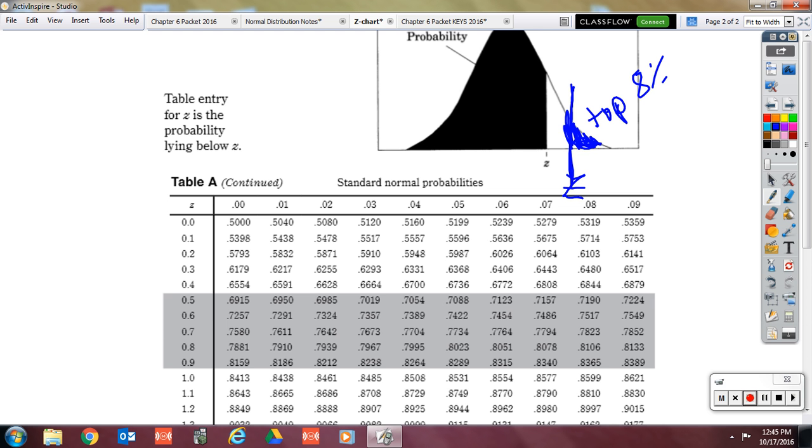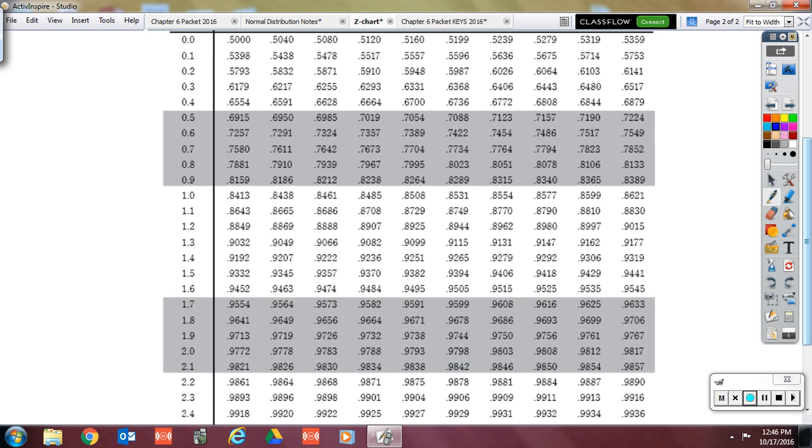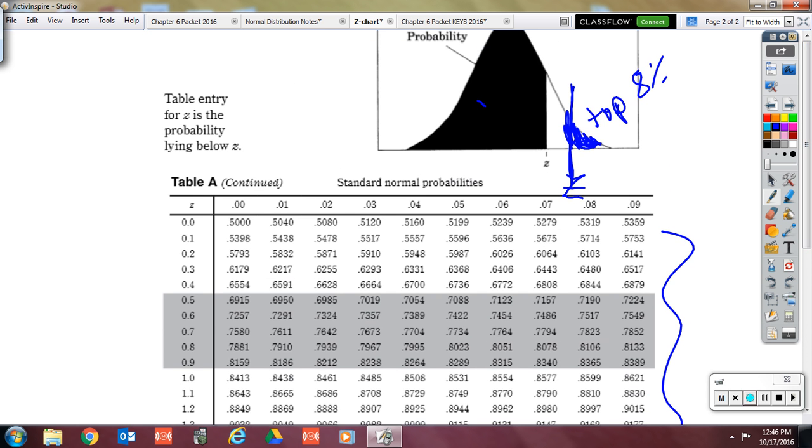Yes, this chart is not full of areas above. This chart is all full of areas below. So I need to find the area below that is 92%. So go find the area inside here. Find this area below that is 0.92, because you guys told me there's 92% below that z-score.